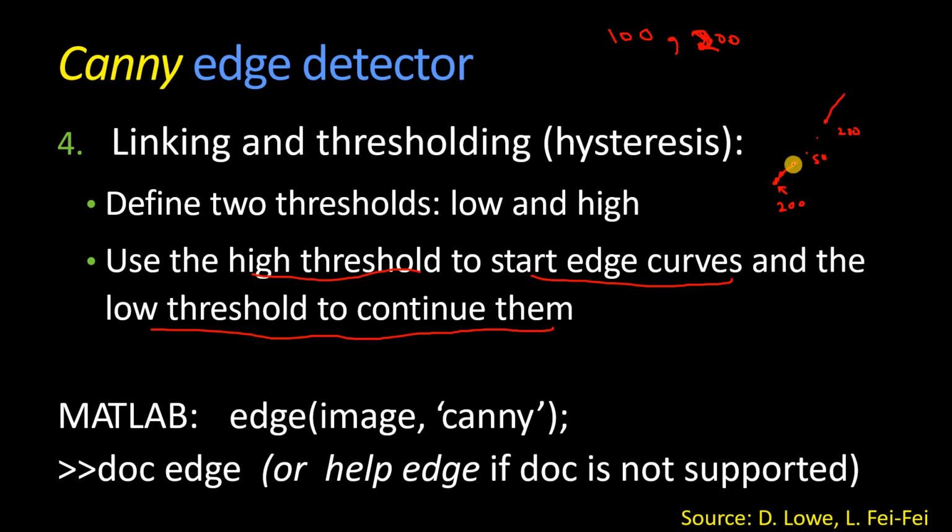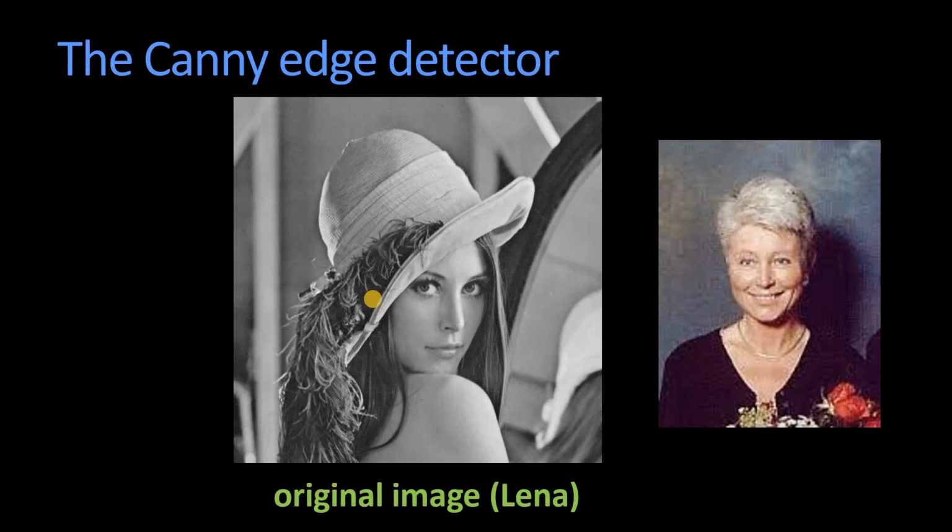Whereas when there is normally a line, it's very likely that the line fades away somewhere. So you will give a benefit even if there is a small value, you will keep on continuing with that line. Clear? If it's not clear, ask me and I will explain it in your group also.